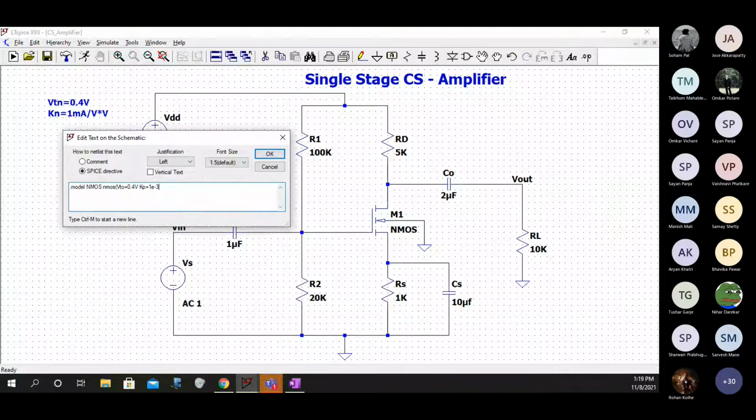What is the meaning of this? That is, it is 10 raised to minus 3, that is 1 milliampere. Now, here Kn is given to us as 1 milliampere, but here it will be taken as Kn by 2. So what is the meaning of that?